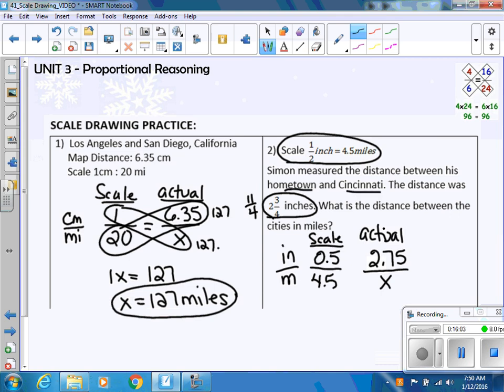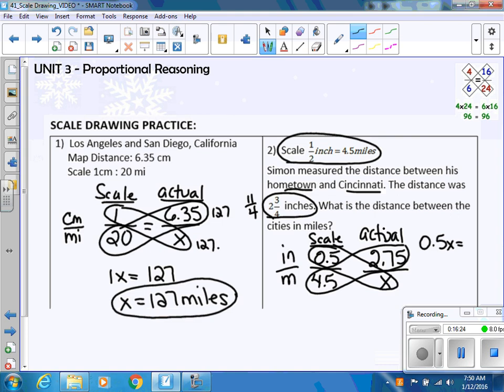Okay, looking at my first ratio, I have 0.5 and 4.5. So I know that my number on the bottom has to be bigger than 2.75. So let's cross multiply. And we cross multiply, we get 0.5x.